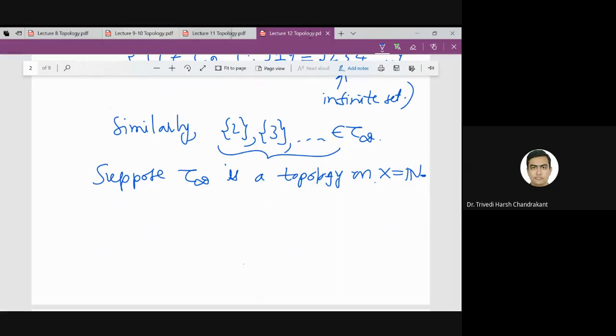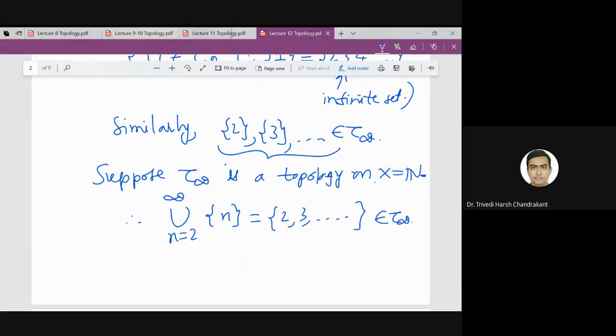That means the union over n equal to 2 to infinity of the singleton n. So that is basically the set 2, 3, 4, and so on. If it is a topology, it should belong to tau infinity, right?